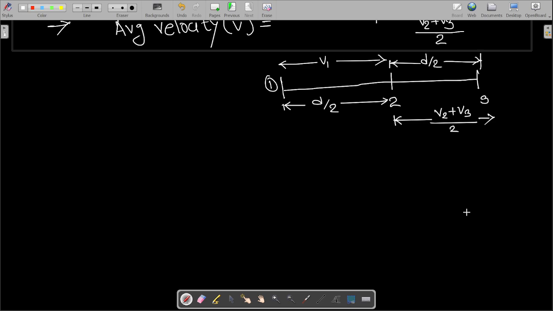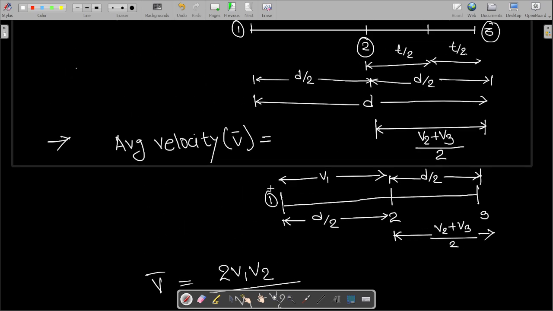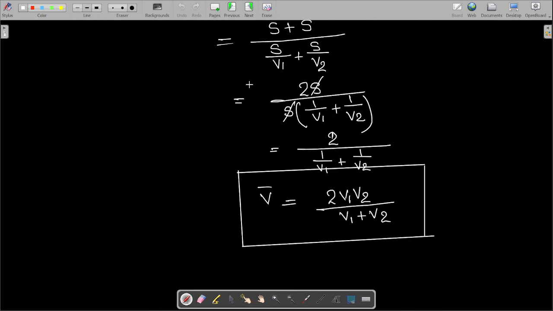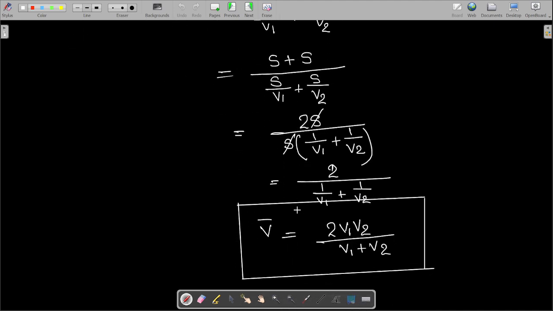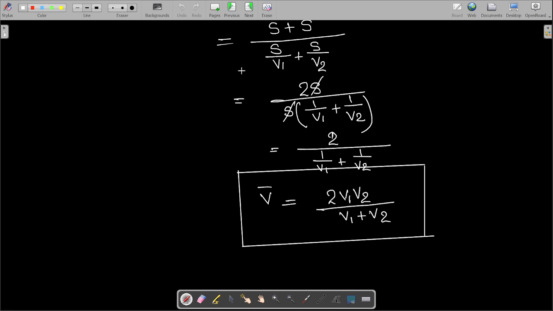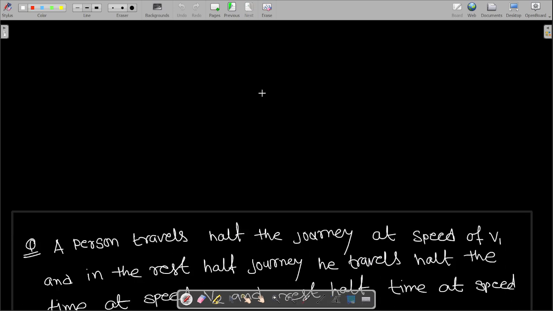Earlier I told you the formula: when the distance is the same but the velocity is different, we can use this formula, 2 v1 v2 upon v1 plus v2.